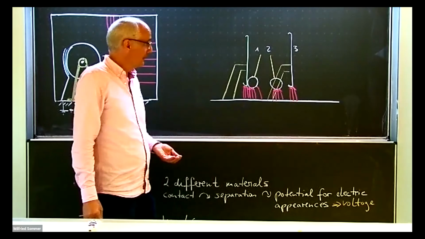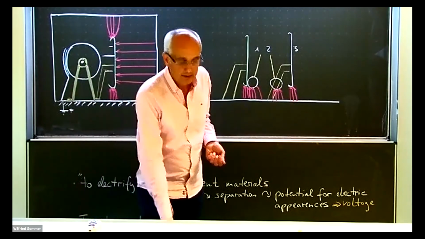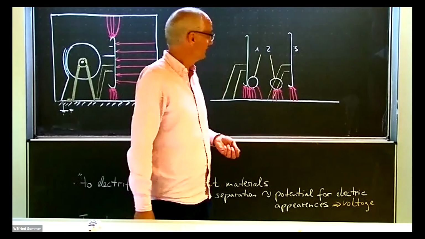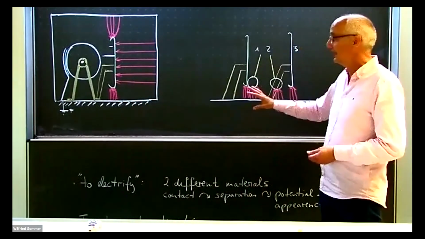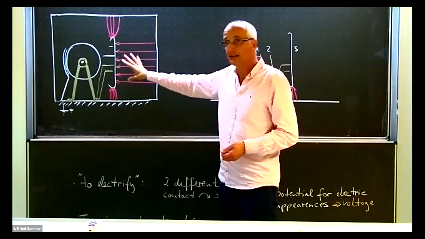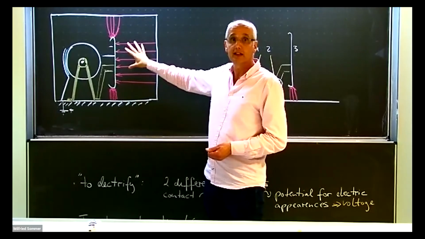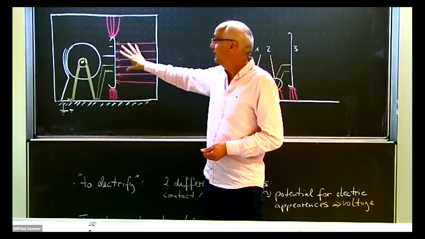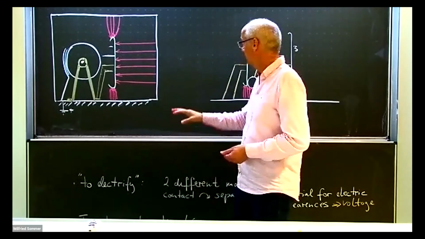And now you can just develop with the students that if you have an electrification, what is new is that you have a state of excitation here. And this state of excitation can be described geometrically using the electric field.